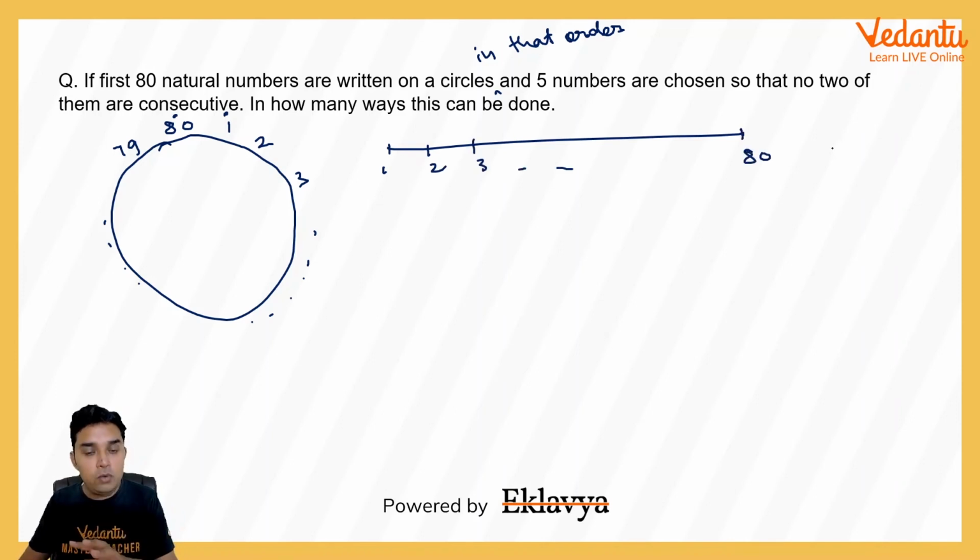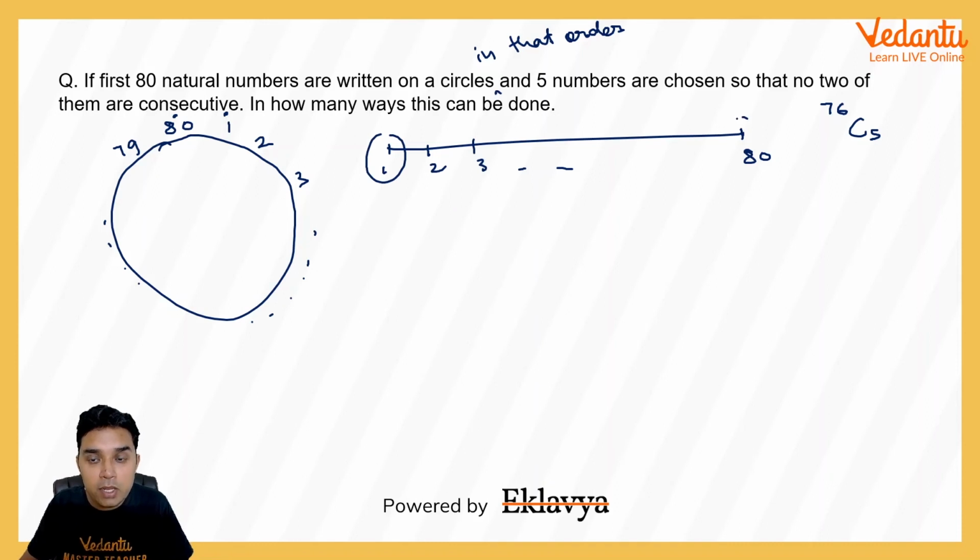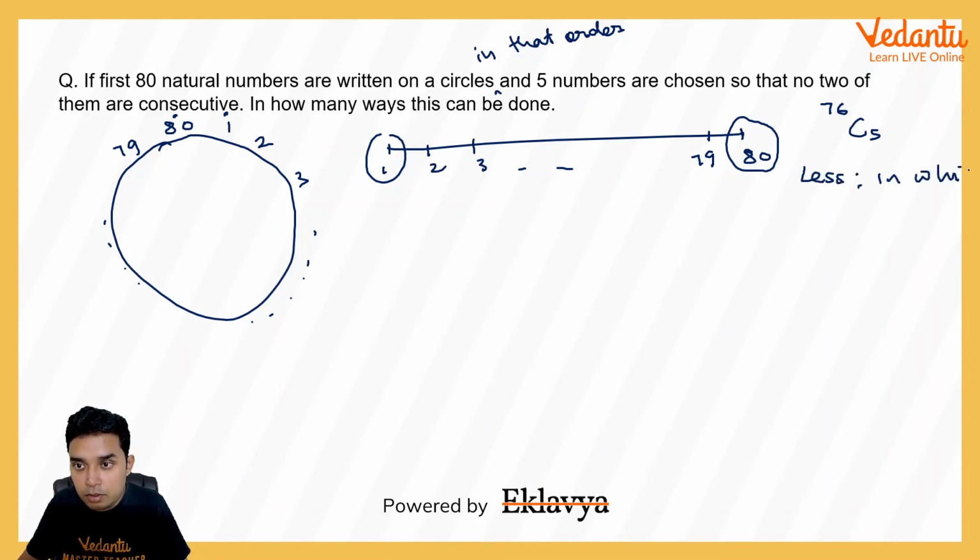We found that in our previous method the answer was 76C5. What we also need to take care of is that 1 and 80 cannot be selected together. If we take care of that, we can get the answer. So out of the 76C5 we just have to subtract the cases in which 1 and 80 both are selected.